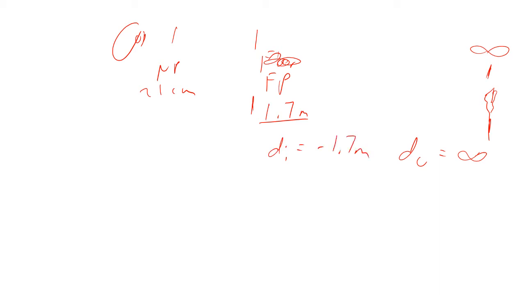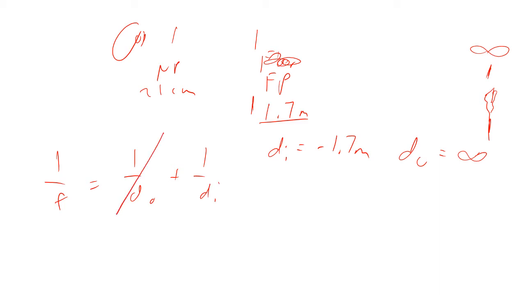And so in that case, 1 over F equals 1 over DO plus 1 over DI.